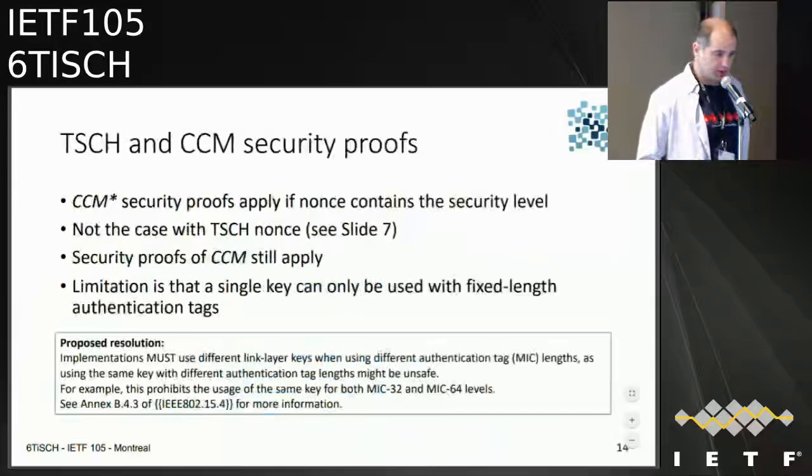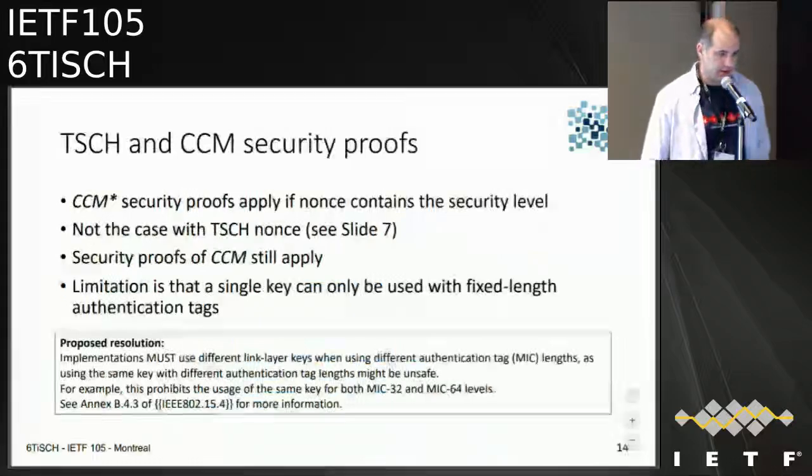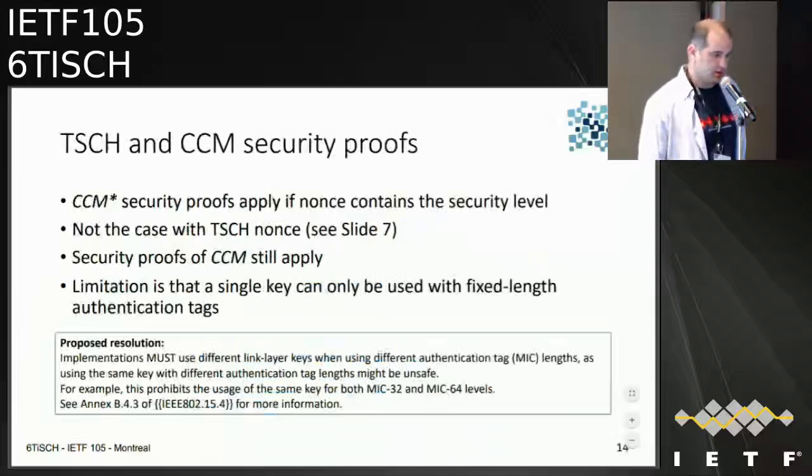Okay, and the last couple of slides. There was one additional thread that Tero started on the mailing list regarding the CCM security proofs, and it turns out that the CCM* security proofs do not apply to the TSCH mode of 802.15.4. So what I'm discussing here is a generic 802.15.4 situation, not specific to 6TiSCH, but since we are using the TSCH mode, it obviously relates to us, so we can put some text in the minimal security draft.